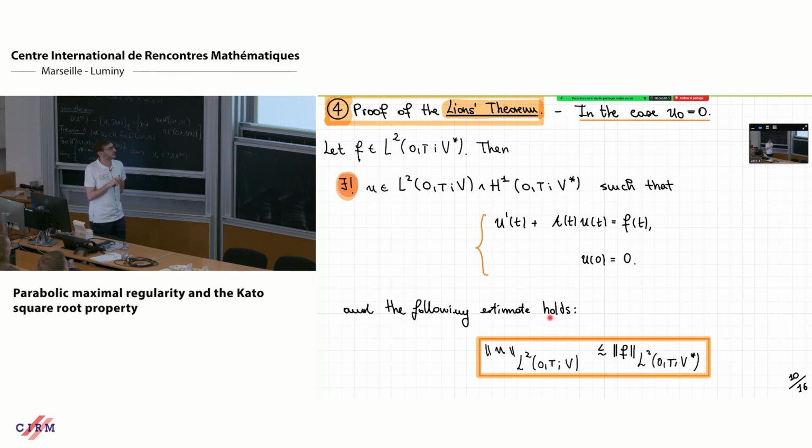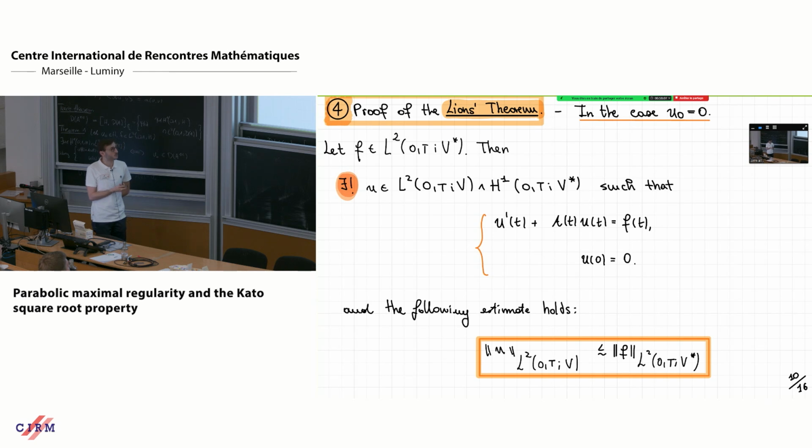And in particular, the following estimate holds true, where if you deal with a U naught, you also have a term here, which is the norm of U naught, which tells us basically that the operator which associates the initial data to the solution is bounded.